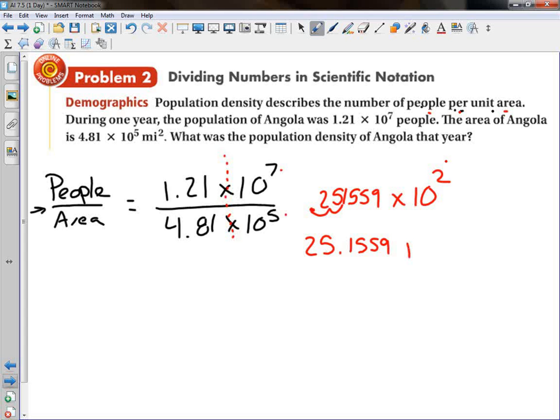So this is people per mile squared. Now, most population densities you see won't be that refined. They won't go all the way to the 9-digit. So let's do some rounding. We'll go ahead and say 25.2. And this is people per mile squared.